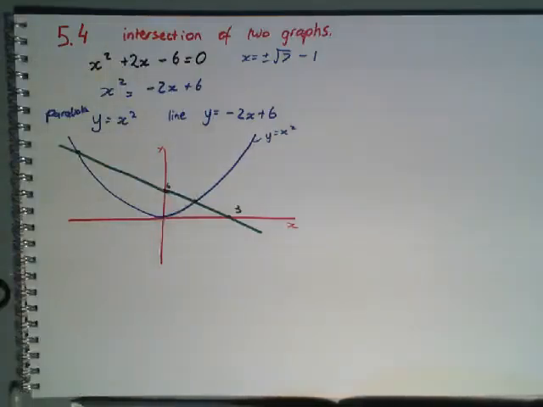So estimates of the roots can be read from the graph. One root is approximately x equals minus 3.6. So how do we get that?